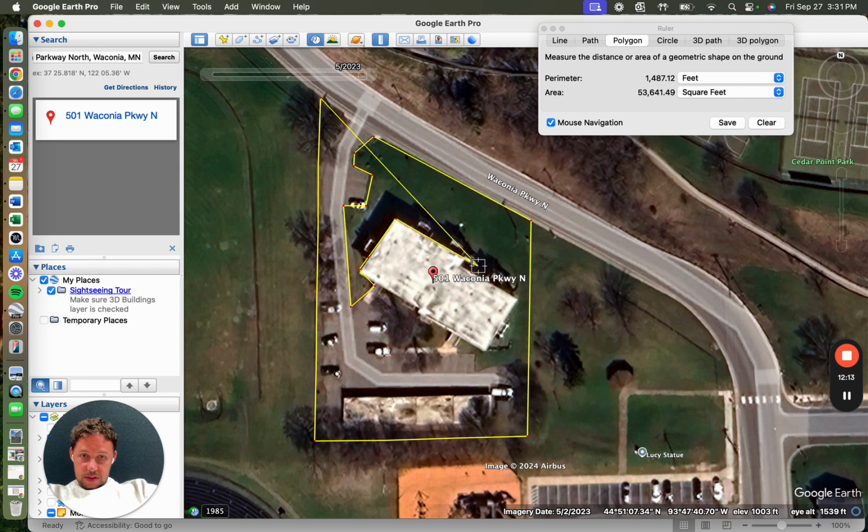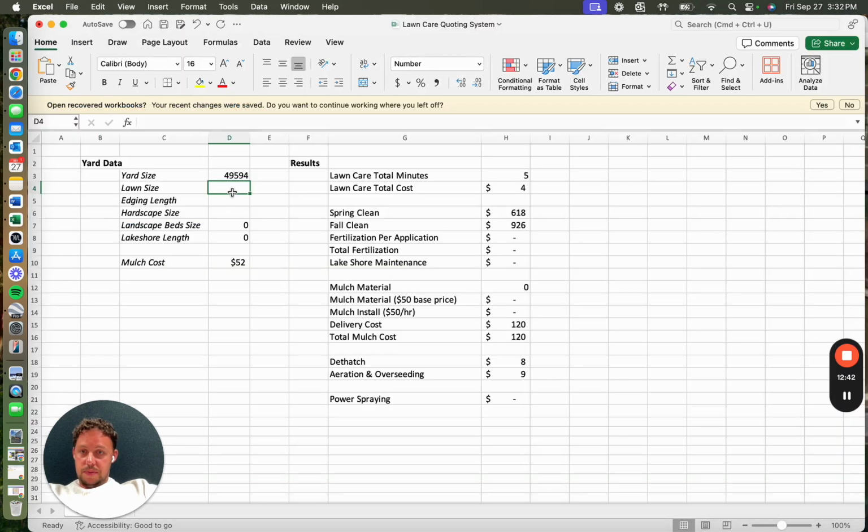I know that it goes along the building, goes along here, comes down over here, boom, boom, boom, here. All right, look at that. So that's all grass. So now we know the square footage of the grass is 22,746 square feet.